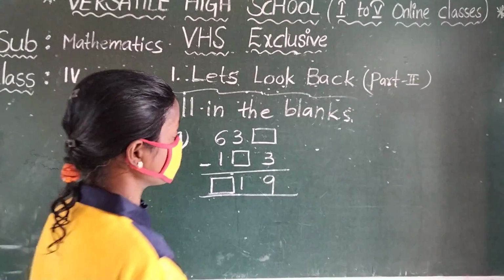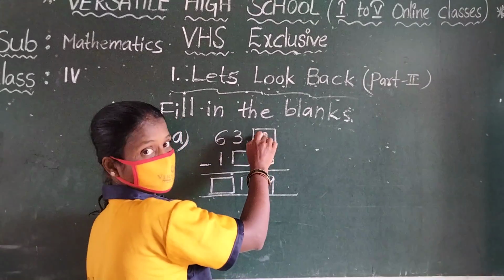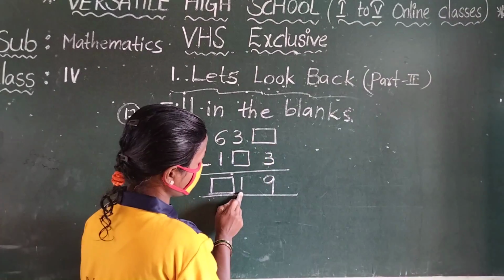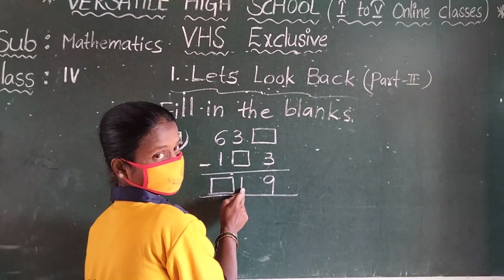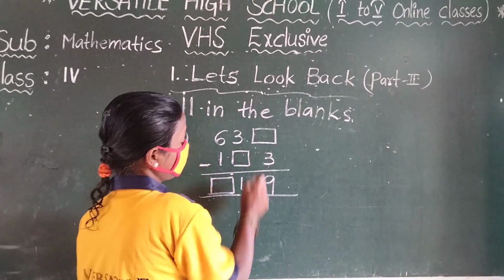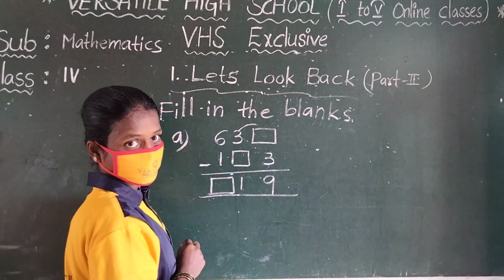Then what can you write here? 9 means don't take the big number. Why? Because we are only given 1. 3 minus 1 is equal to 2. So see that, borrowing from 3.